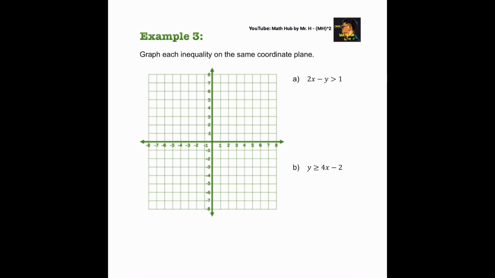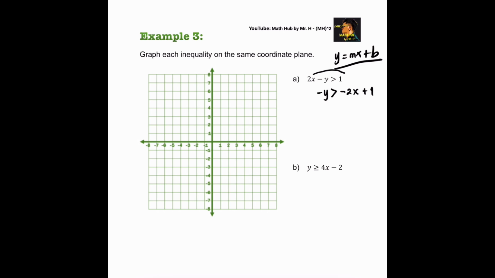So for letter A, we need to rewrite first this inequality into the form of slope intercept. All right, so we'll have -y already on the left hand side. So copy greater than symbol. So 2x will move to the right, from positive will become negative. And 1 is already there, so +1.